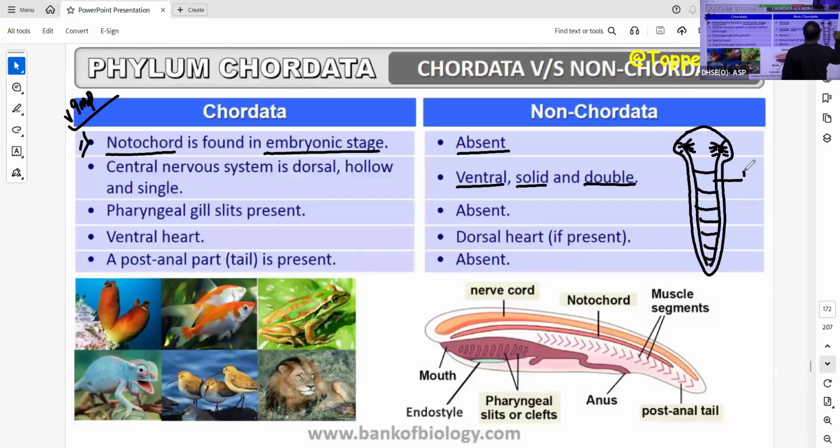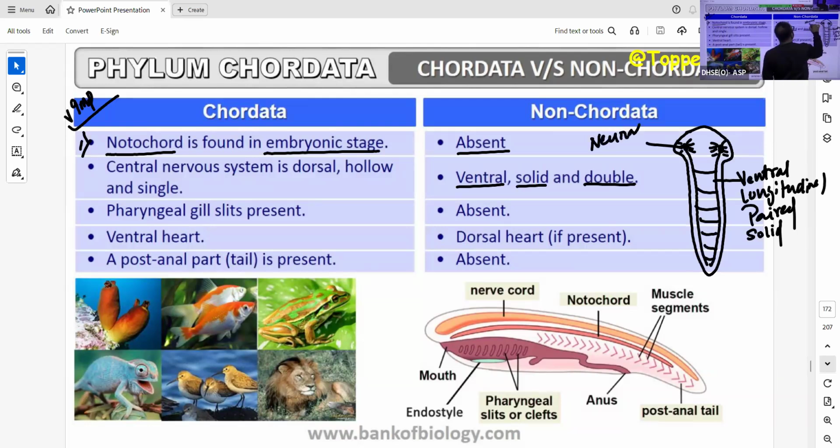So this is ventral in location, longitudinal, then paired, and solid. Ventral in location, longitudinal, paired, and solid. And the neural ganglia here represent the brain, the primitive brain.